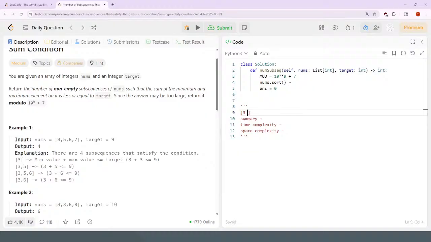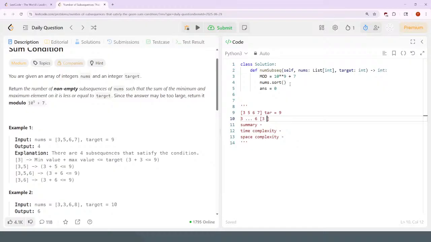so if it's 3, 5, 6, 7, and the target is 9, then 3 can go up to 6. And any subsequence that includes this 3, and the number of subsequences that can go up to the 6.